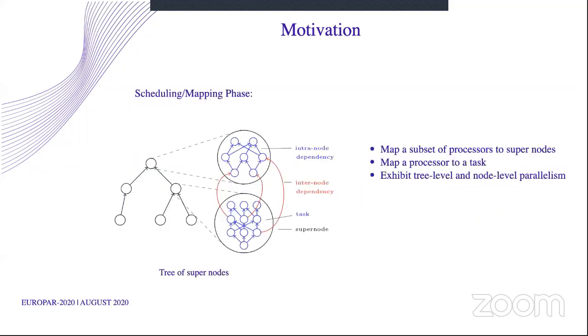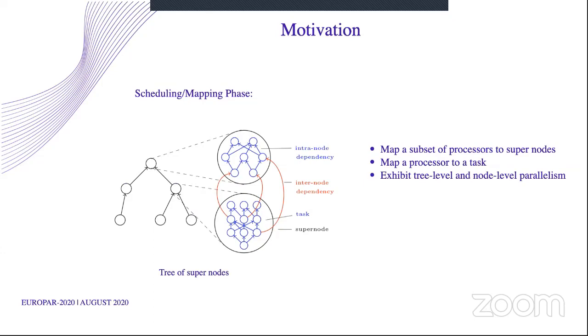At a coarse-grain level, the computation is represented as a tree of supernodes, where nodes represent computational tasks and edges represent data dependencies. If we zoom in on the supernodes, we can find that the supernodes are composed of many small tasks, which themselves form a small directed acyclic graph.